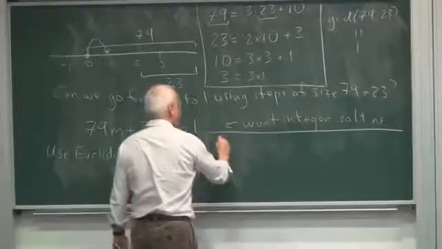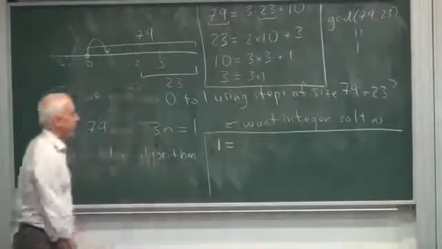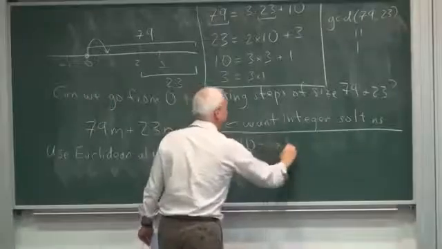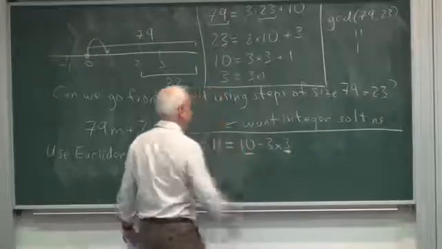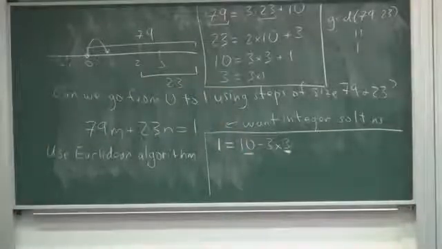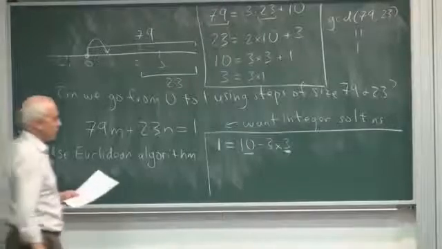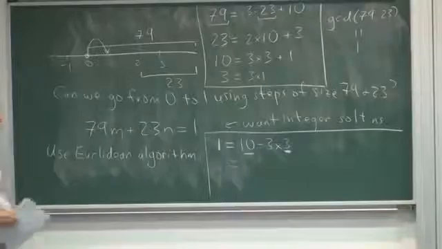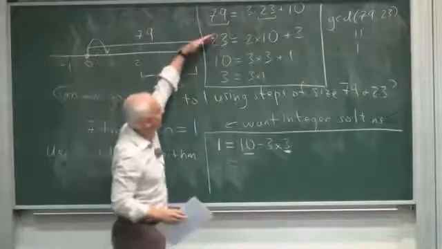We're going to start with equation 1 and write 1 as 10 minus 3 times 3. So I'm using the 3 and the 10. Now that's all right, but we're not interested in 10 and 3. We're interested in 23 and 79. So we go back up a step.